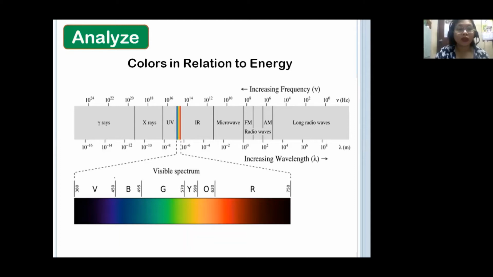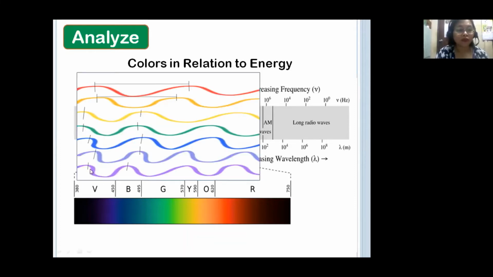So if we look at violet, it's small, and then it's spreading, it's getting big. Red has the biggest wavelength. I'm just showing you this one so that you can compare.